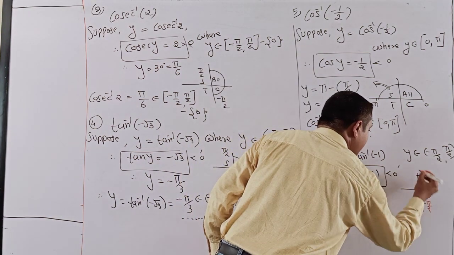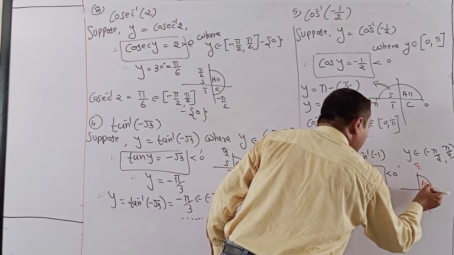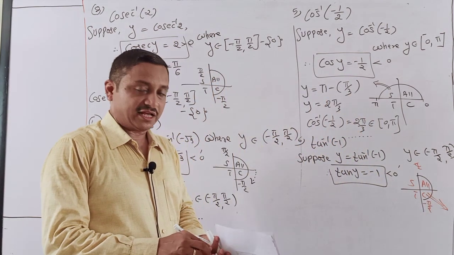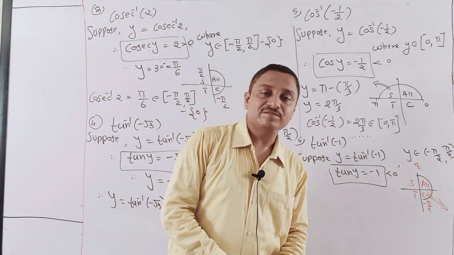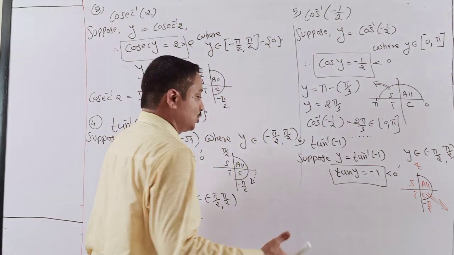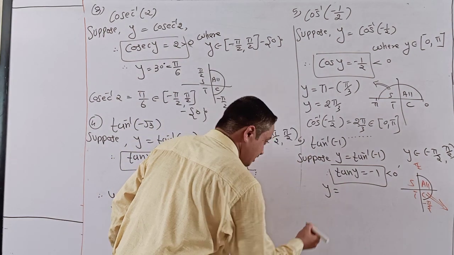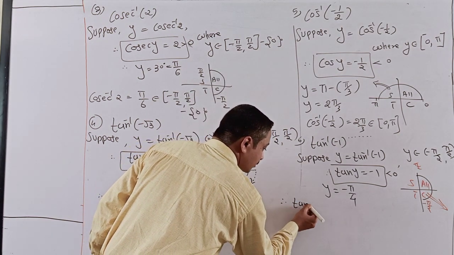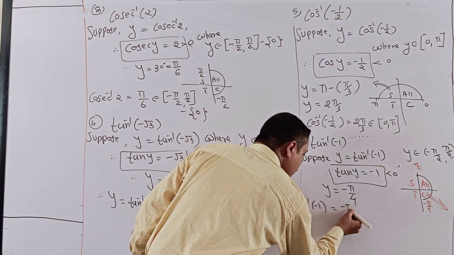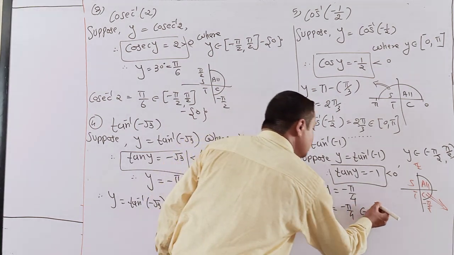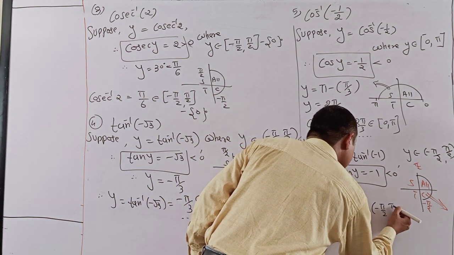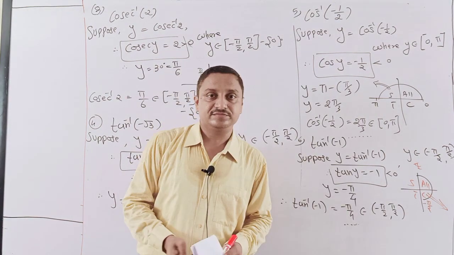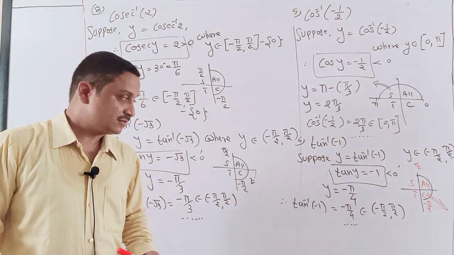Yes, minus pi by 2 to pi by 2, all clockwise, here is your negative tan. So my answer is definitely in the fourth quadrant. So y is equal to minus 45. Finally done. Tan inverse of minus 1 is minus pi by 4, which belongs to my interval minus 90 to 90. That's your final answer, very easily done.